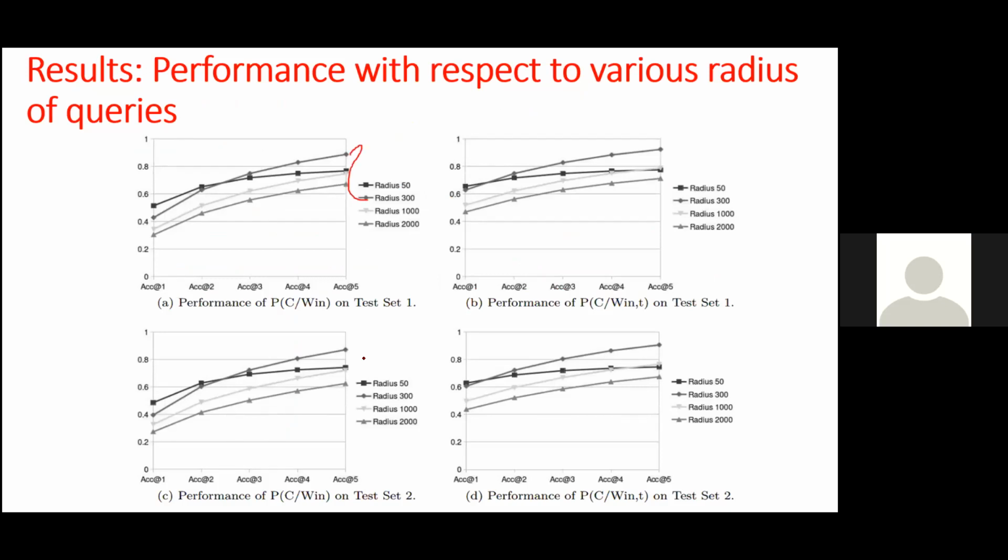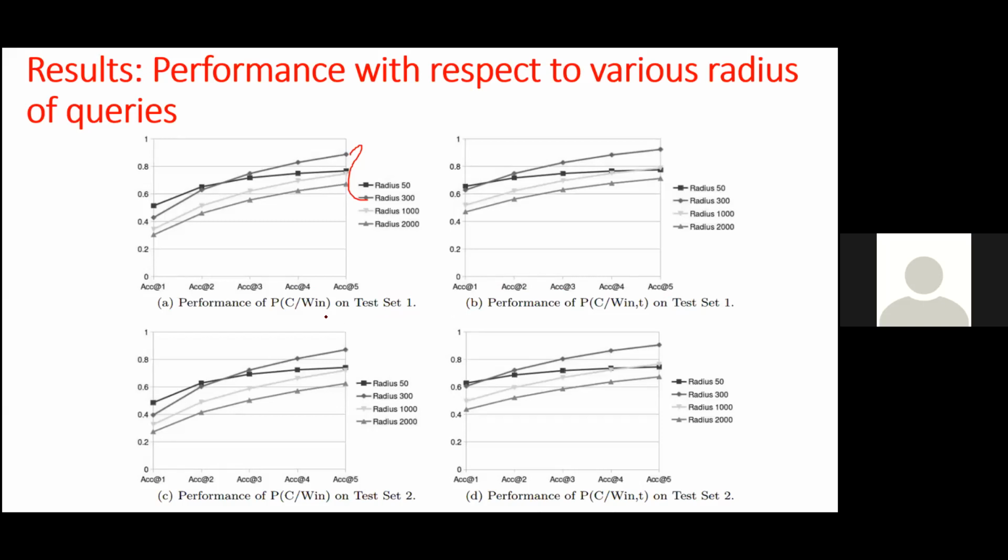Once the radius is 1,000 meters, it is like suggesting somebody visit a restaurant which is 1 kilometer away. We found in our data set that users are much less willing to go to far distances than near distances, right?